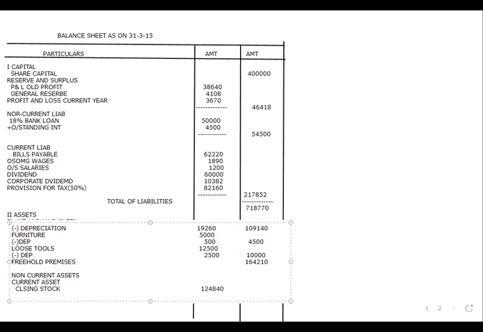Then trade receivables, 1,05,400. Then after this, cash at bank, which is 96,860. And then cash in hand, which is 19,530.